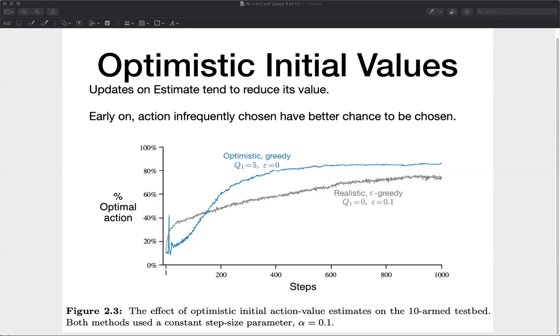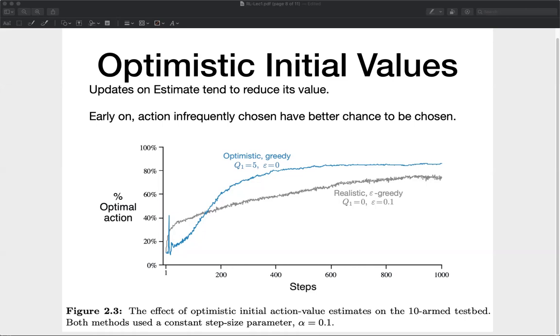So if all the arms start at 100, you pick one, that one has its value reduced, and all the other arms that you didn't pick still have a value of 100, right? And so if your greedy algorithm picks the arm with the highest value, then it's going to pick those arms that didn't get chosen previously. Does that make sense to everyone? Yes. So this is what we call an optimistic initialization.